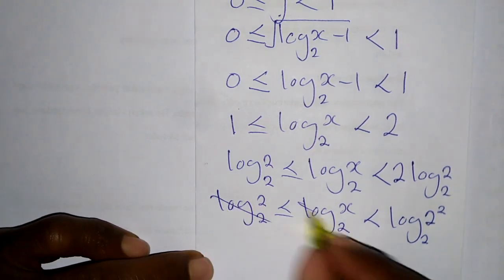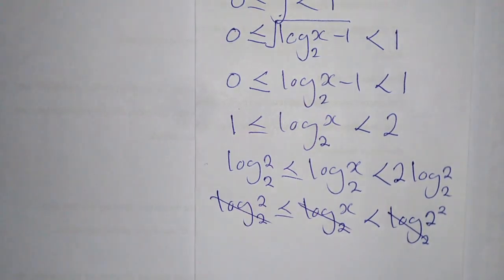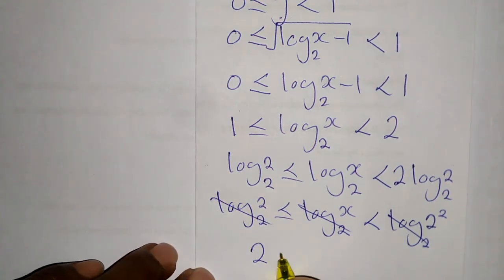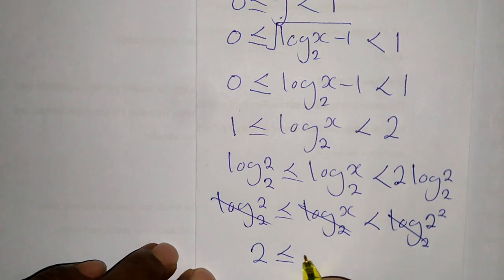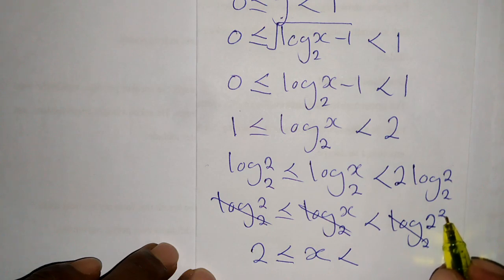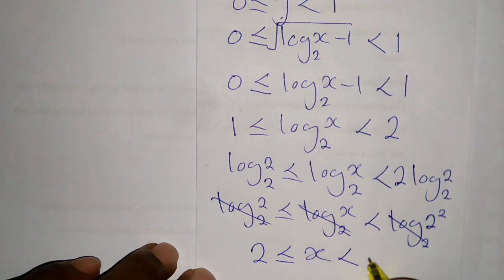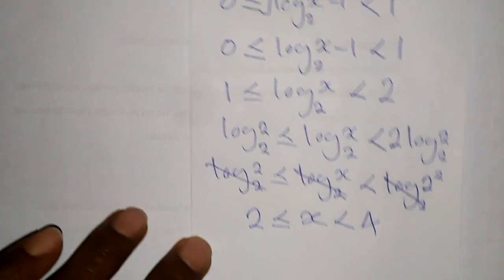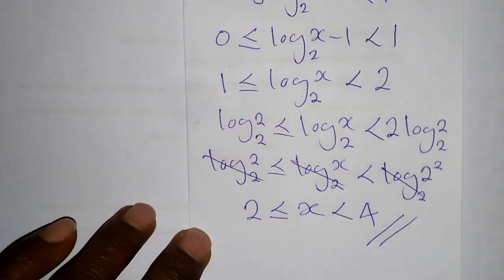Now log base 2 can cancel each other, so that we have 2 less than or equal to x less than 2 to the power of 2. 2 to the power of 2 equal to 4. And this is the solution of the equation.